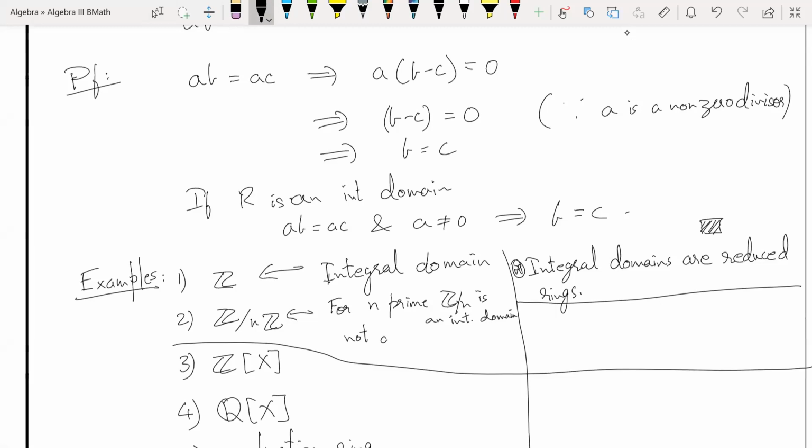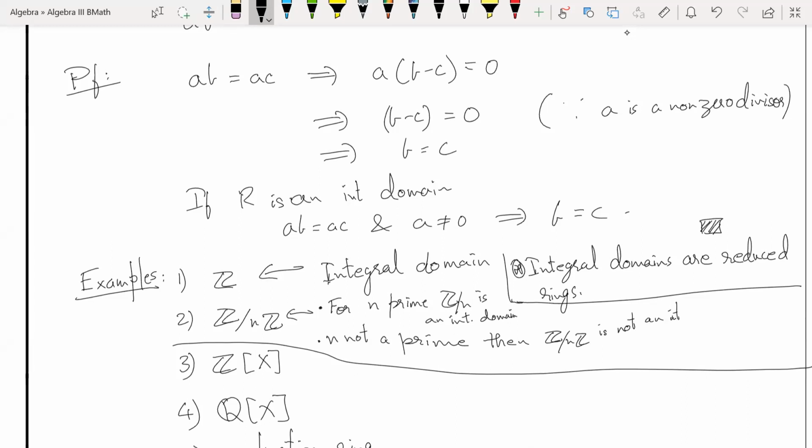So n not a prime, then Z mod nZ is not an integral domain.